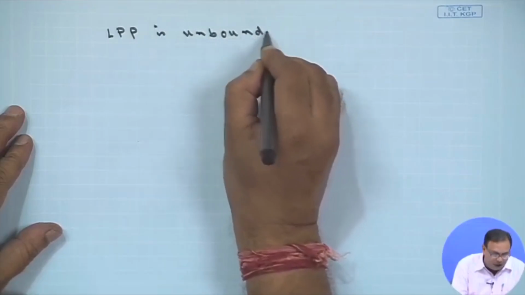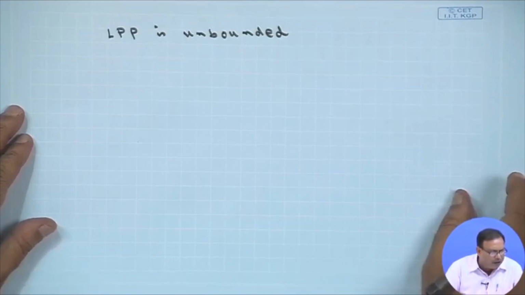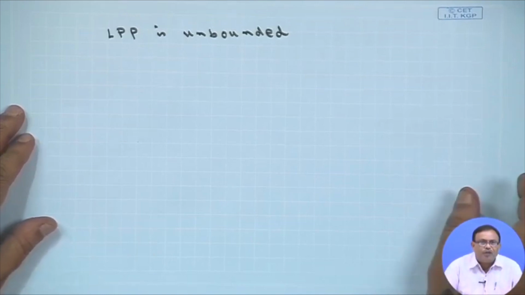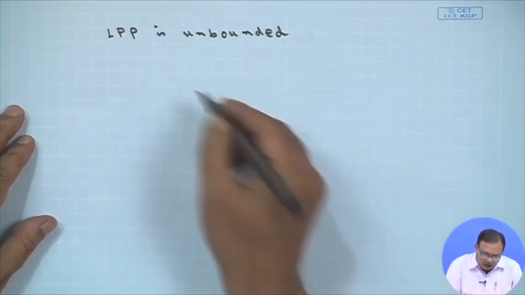Now, graphically, one LPP is unbounded if the feasible region is increasing indefinitely in the same direction. Please note that, in the same direction.